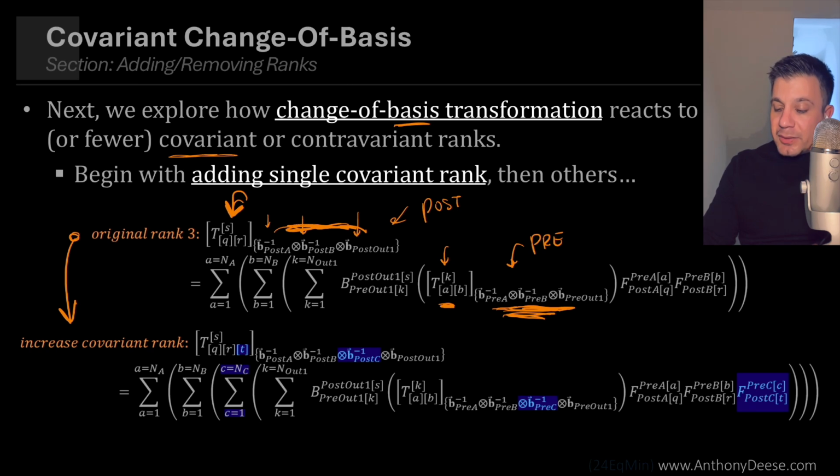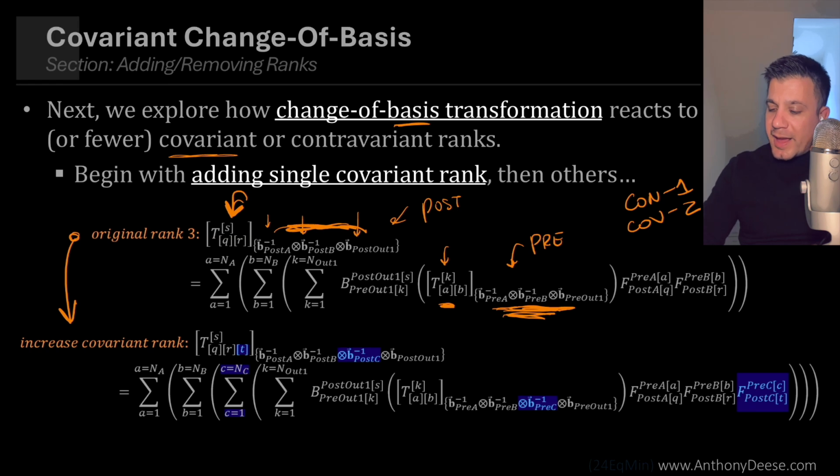Now in order to actually apply the transform, we need a number of transform matrices that corresponds to the number of bases that are being transformed. For the time being, let's just assume that all the bases that exist are being transformed. And if they're not, we would just replace the transform matrices forward or backward with the identity matrix. Okay, so you see here that for the rank 3 tensor, this is a contravariant rank 1, covariant rank 2 tensor.